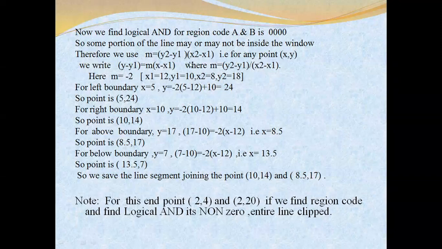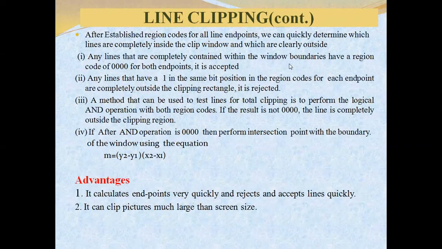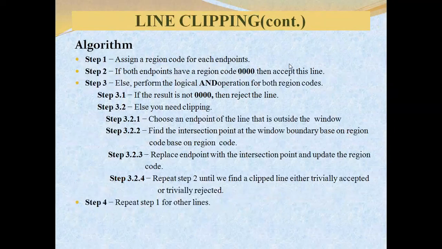For any point x and y, we write y minus y1 equals m into x minus x1, where m equals y2 minus y1 by x2 minus x1. We use this equation for the line.